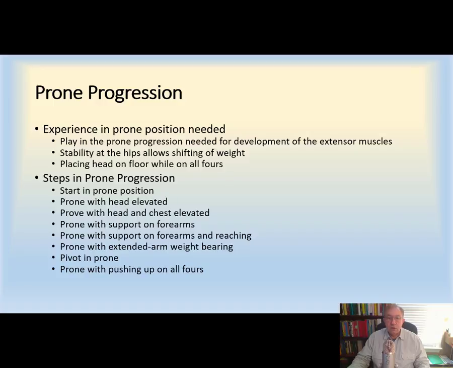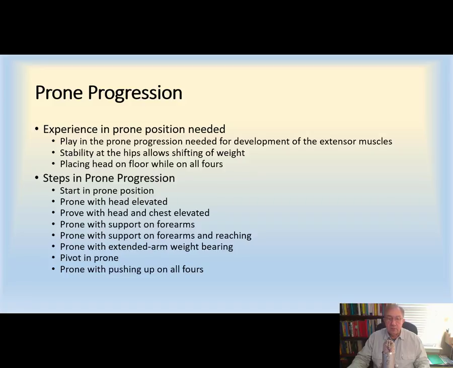Well, first of all, experience in the prone position is needed. Play in the prone position is needed for the development of the extensor muscles of the back, which allow the shifting of the center of gravity from the upper portion of the body, from the head and the shoulders, to the hips.